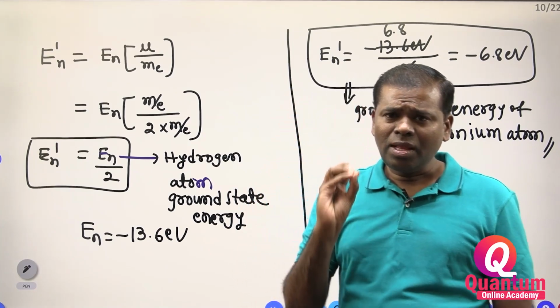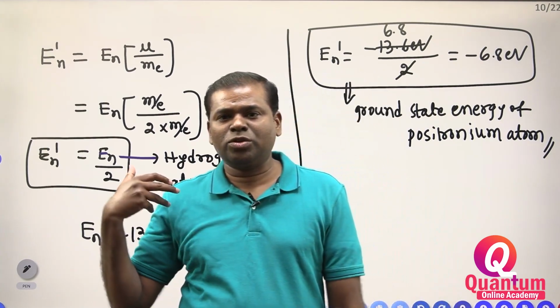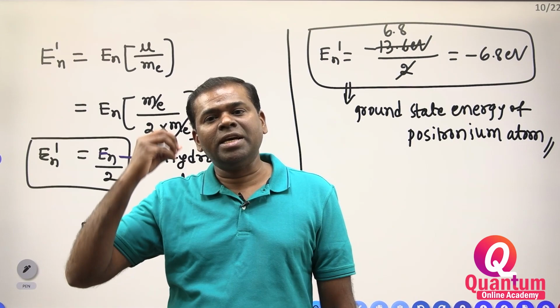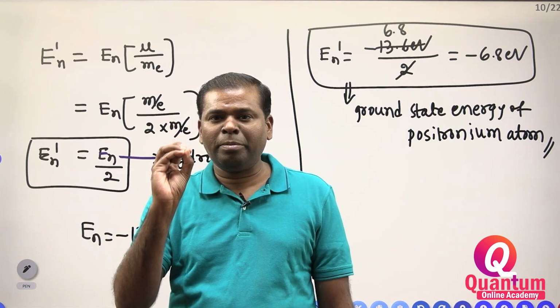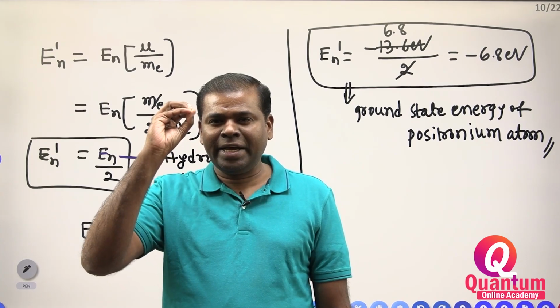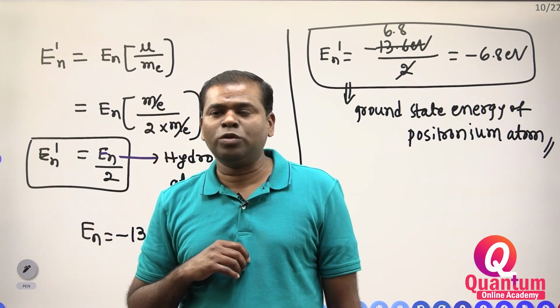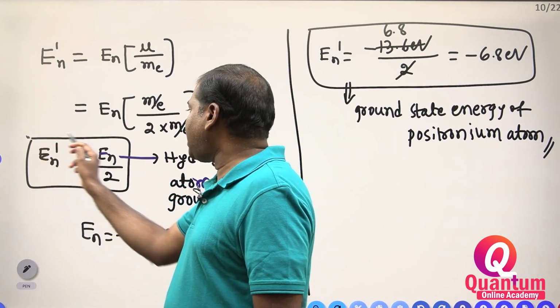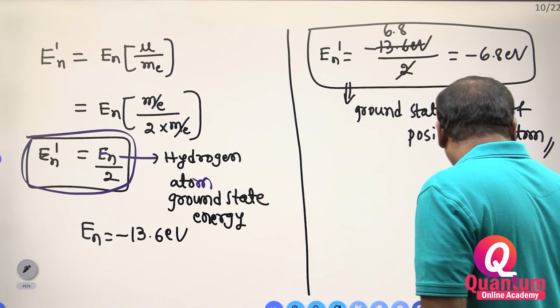Clear? This is very, very important. Not only once, this question has come many times, 2-3 times, and only CSIR people ask this question. Just remember the ground state energy of a positronium atom is En by 2.